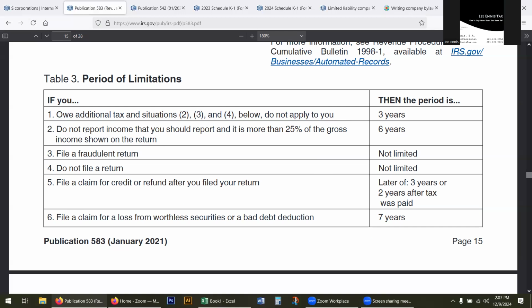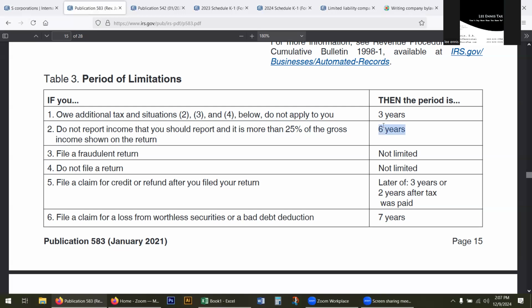If you do not report income that you should report and it is more than 25% of gross income shown on the return, that's 6 years. Say a single parent filed a tax return with business income for a refund, and the IRS determines that income was not valid. They can go back 6 years to recoup those monies, and they expect you to be able to prove those transactions from 6 years ago.